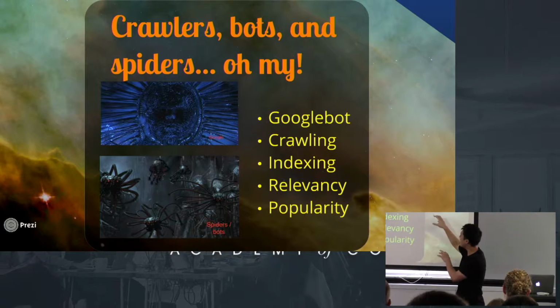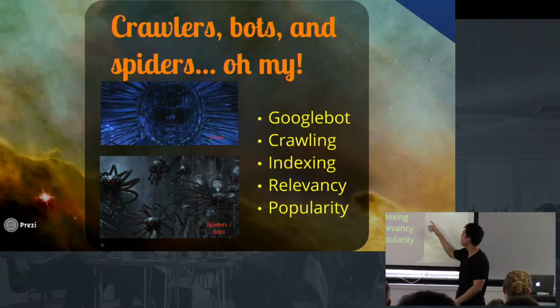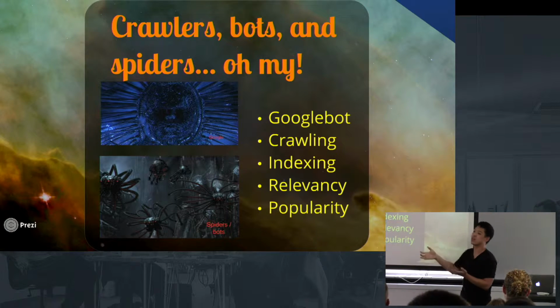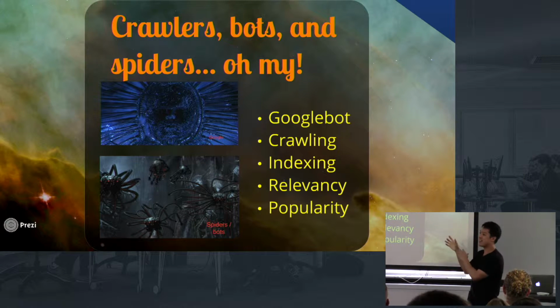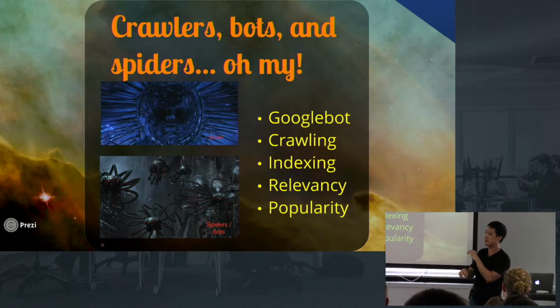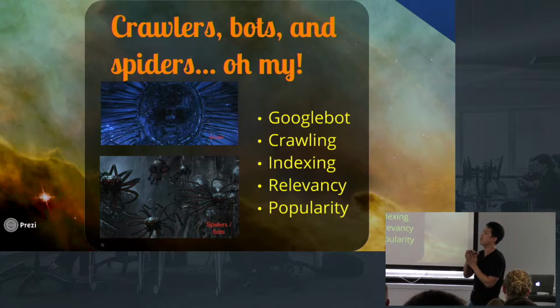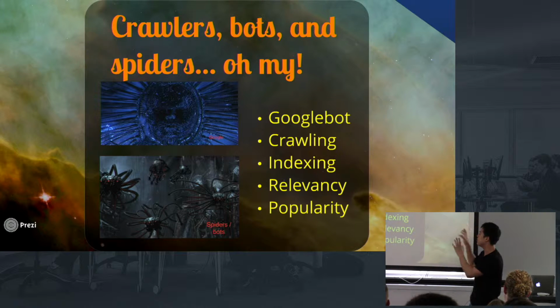So if crawling is the process of gathering information, indexing is the process of organizing it. Once it has all the information, there's a Google index, which is basically just a massive index relating keywords and different possible search parameters to different pages.